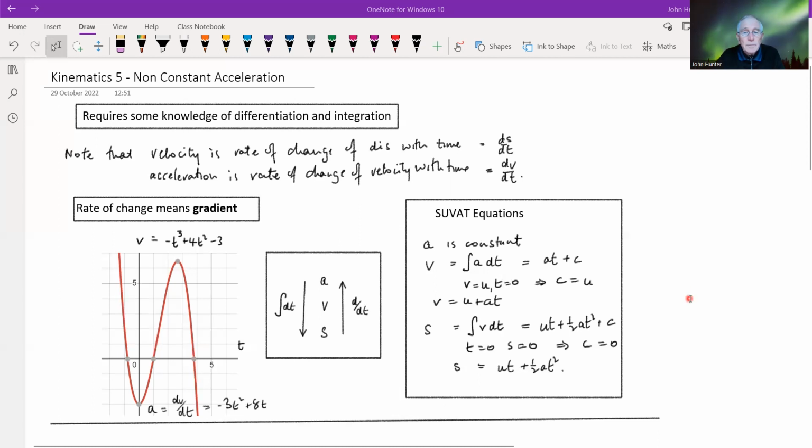in a few moments. But the main thing to note with non-constant acceleration is that you do need some knowledge of differentiation and integration. So this video assumes that you've got some knowledge of that, certainly using the power rule.